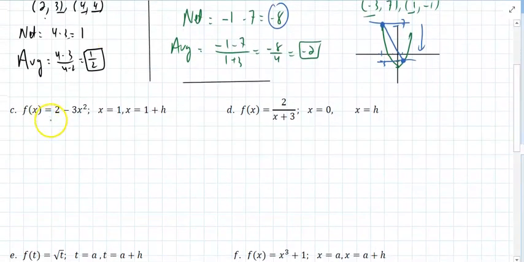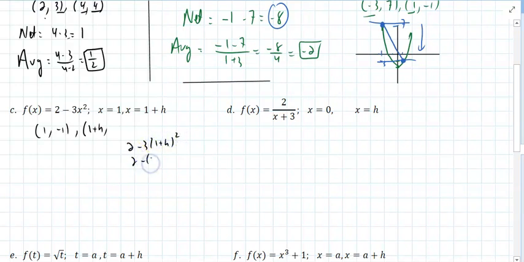As for f, again, if x equal 1, y equals 2 minus 3, which is negative 1. Now, I know you're not used to 1 plus h. If x equal 1 plus h, y would equal 2 minus 3 into 1 plus h squared.